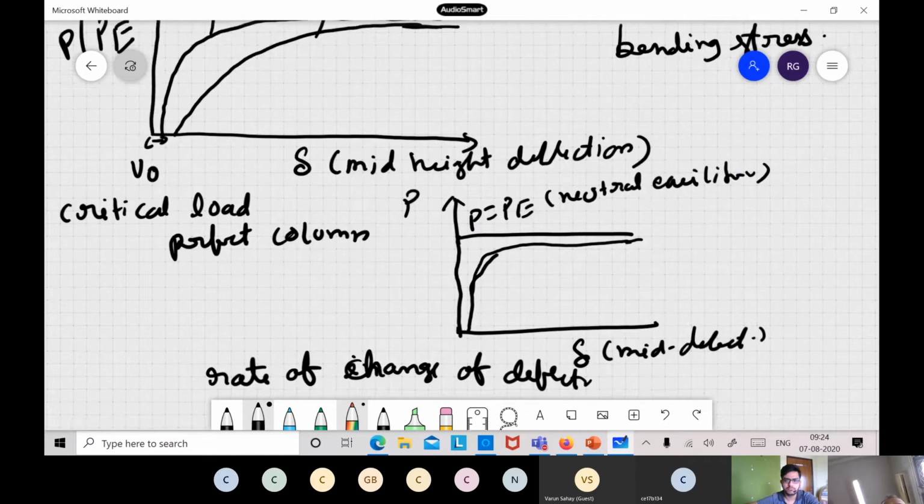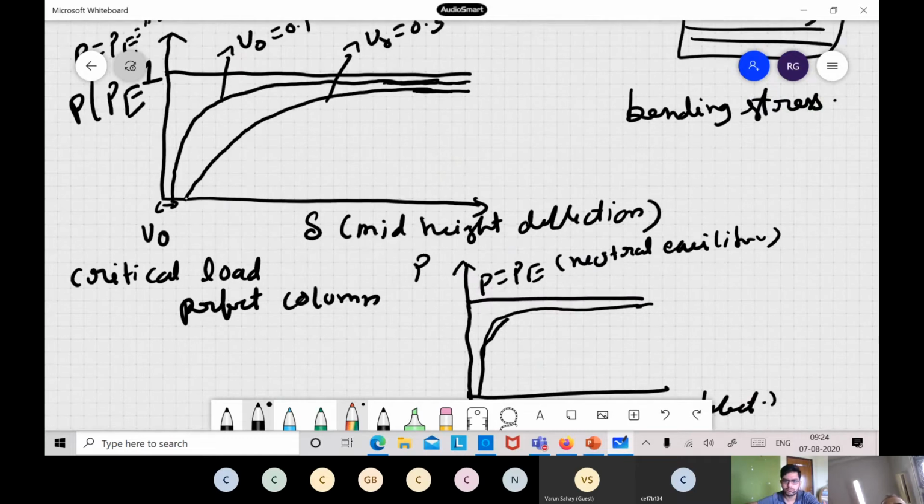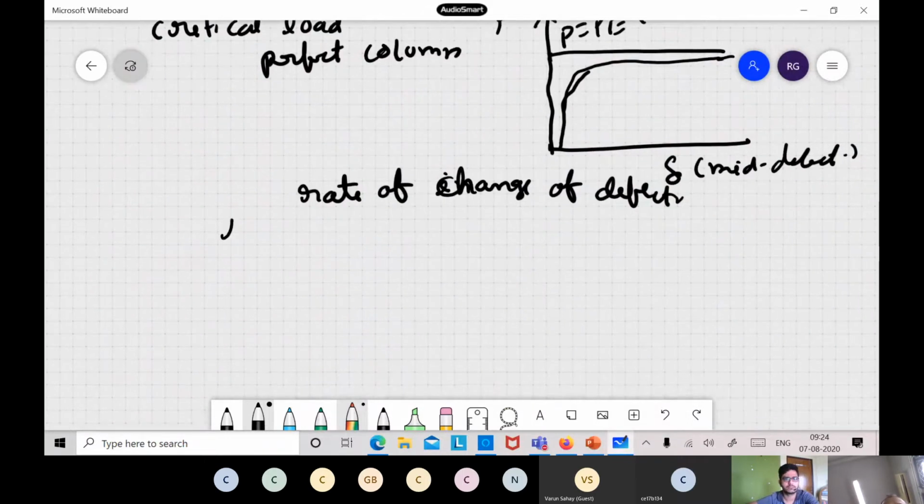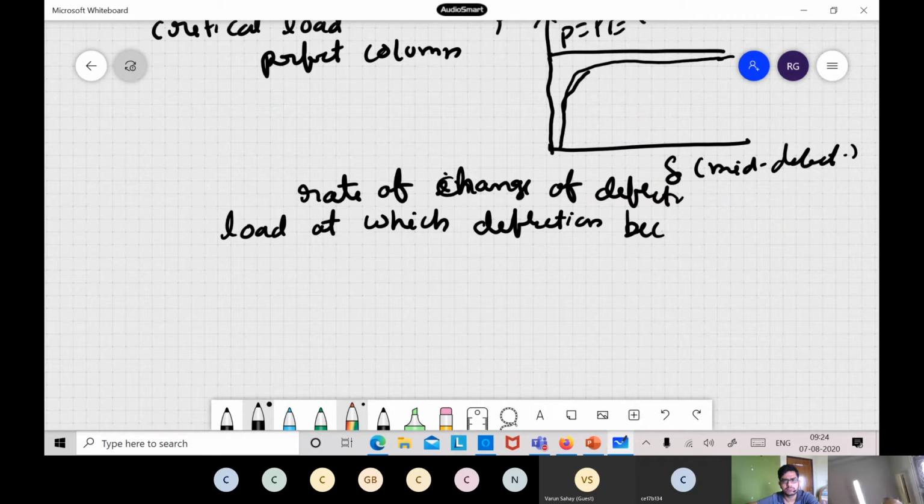What happens here is when you keep on increasing the load, initially the deflection will be very, very small. After some point, a slight increase in the load also will create a large deflection. You followed, right? So it is something like the load at which your deflection becomes unbounded. So here the definition of Euler buckling load itself becomes the most important thing. The definition itself changes now.